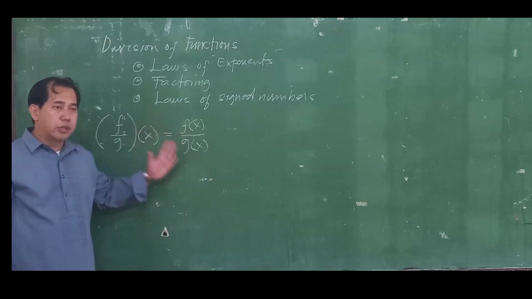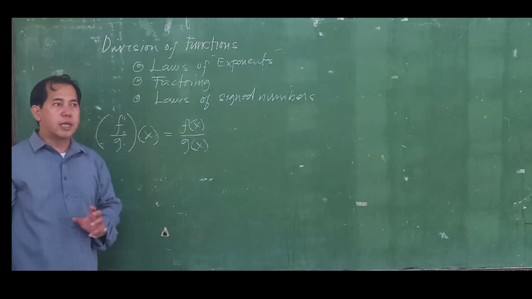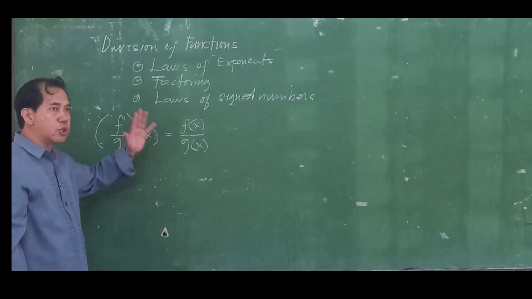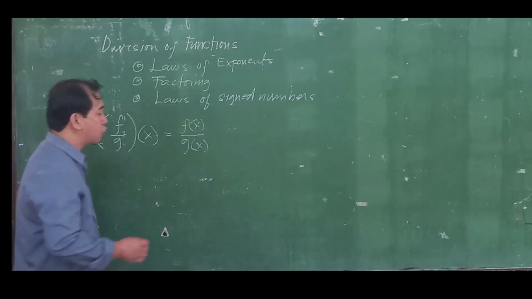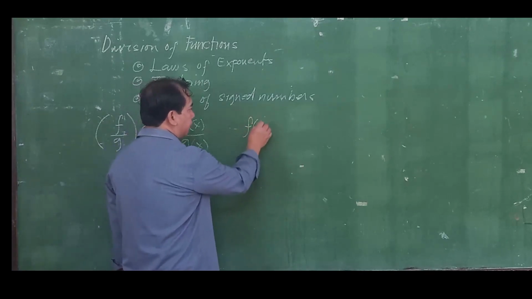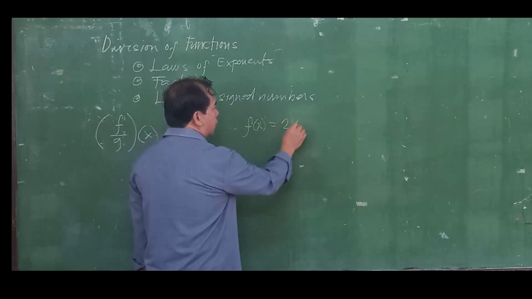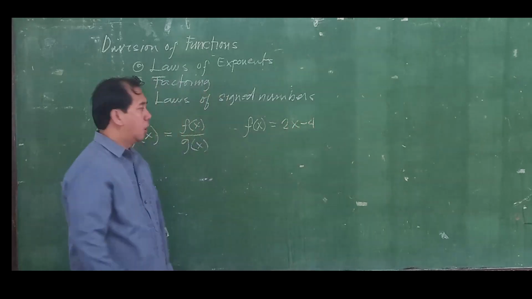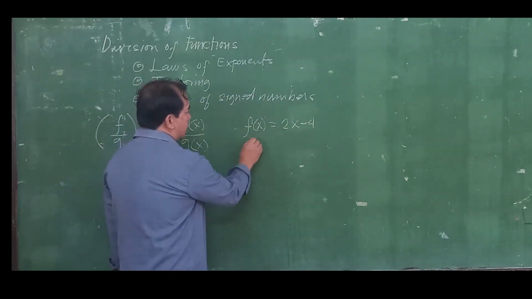Another, when you divide, we divide the definition of the functions. Okay? So that if we are going to illustrate that one, how do we divide? Let's try to define functions. So what if our f of x is, shall we say, 2x minus 4. Another one is our g of x.